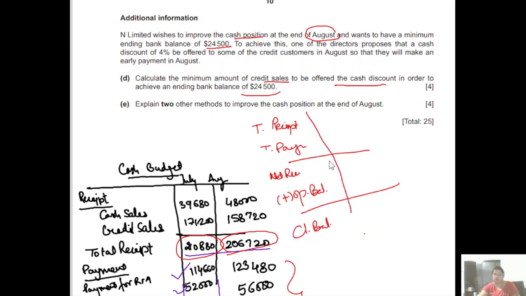As per this question, we don't know how much we are going to receive because we don't know the sales. They ask you to find the credit sales, so you don't know the sales. Leave that for now. They don't say anything regarding the total payment, but what is your total payment?